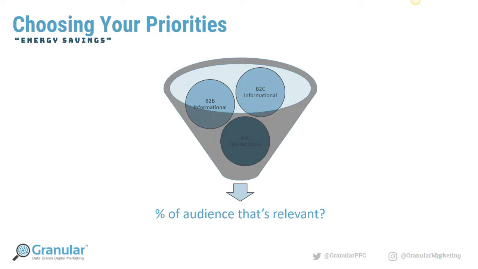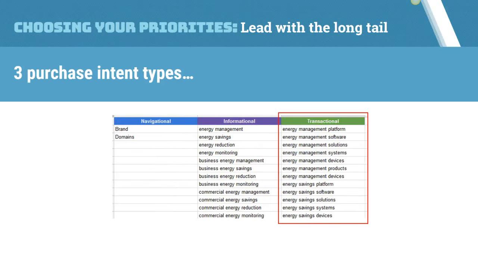You're not going to be able to say 20% or anything like that. But you should have a good sense of, generally speaking, whether a large percentage of people that would search on this are relevant, or a small percentage. In this case, I think it would be a small percentage because you've got a lot of consumers, a lot of homeowners probably looking for energy savings ideas. So I'm probably going to prioritize that pretty low on my list.